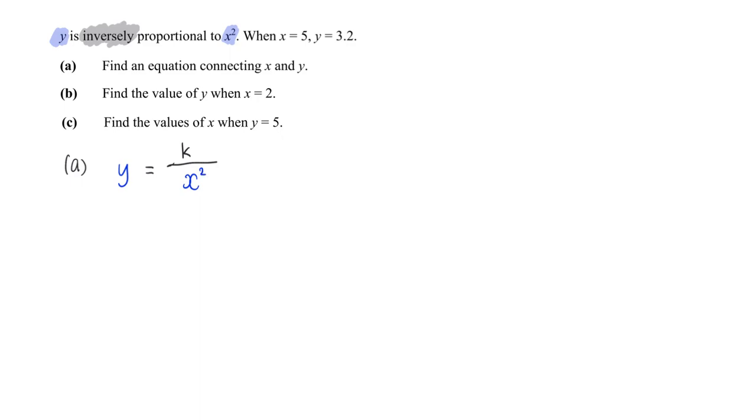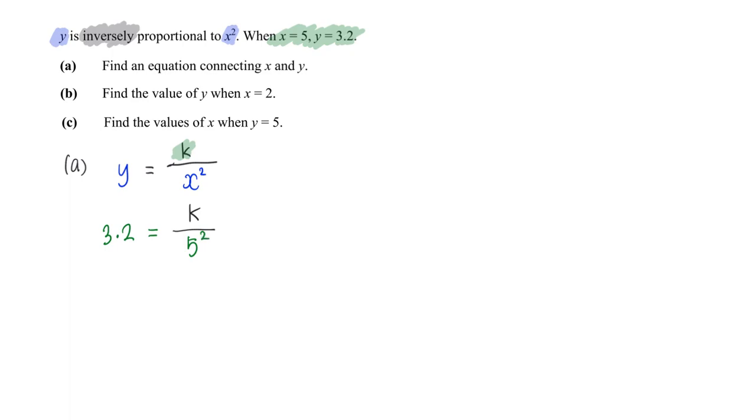And to find this constant that relates these two quantities, we will then turn our attention to these two values here, which I am going to substitute in. Y is equal to 3.2 when, I still have my k, okay, x is 5, not forgetting the square down there.